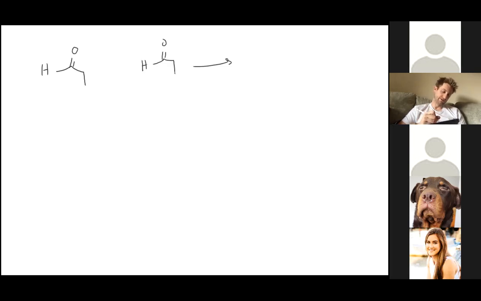This time we're going to do the reaction with heat, so NaOH, a strong base, and heat.